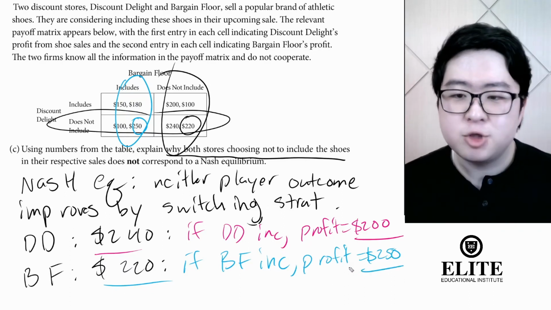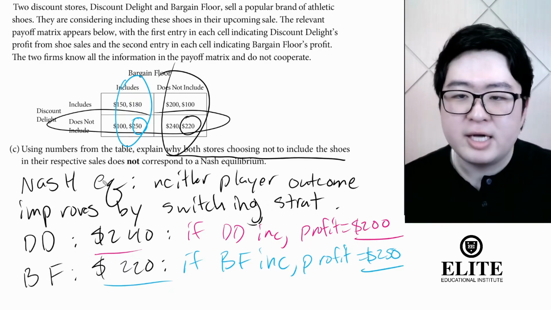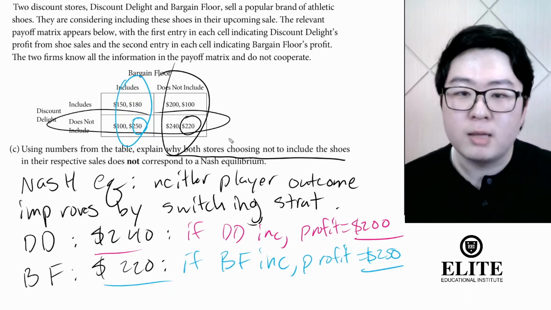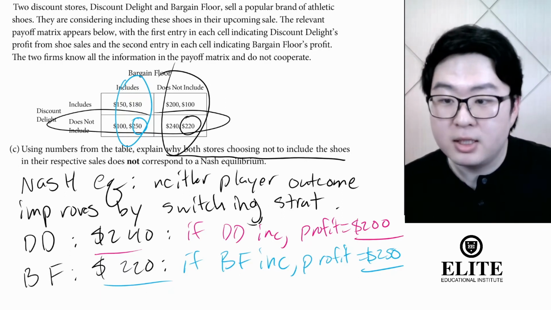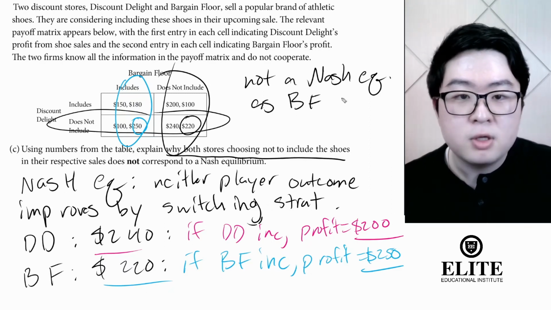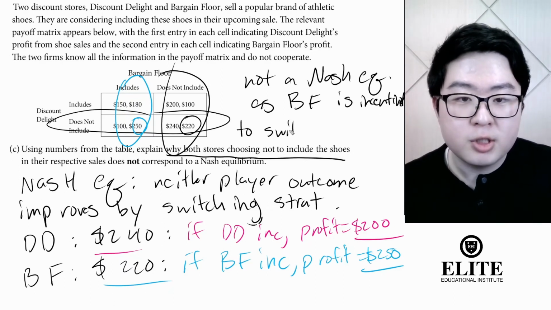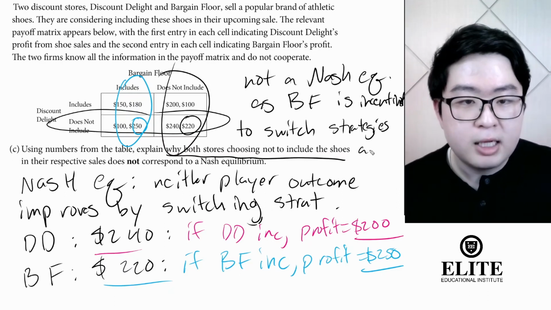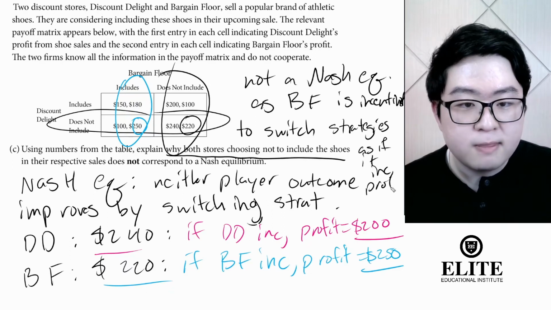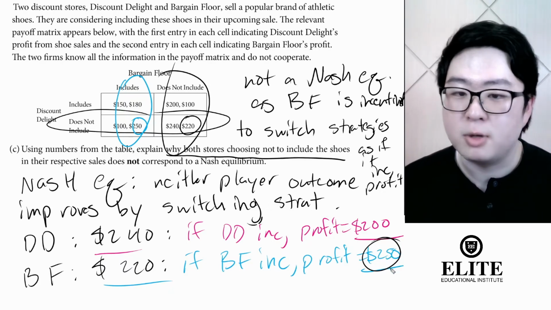Because if it switches strategies while discount delight stays with does not include, we can see that bargain floor earns $30 more in profit. And as such, this bottom right cell is not a Nash equilibrium, as bargain floor is incentivized to switch strategies, since if it includes, profit will be higher, at 250. And that's what you're going to need to write there for the answer to part C.